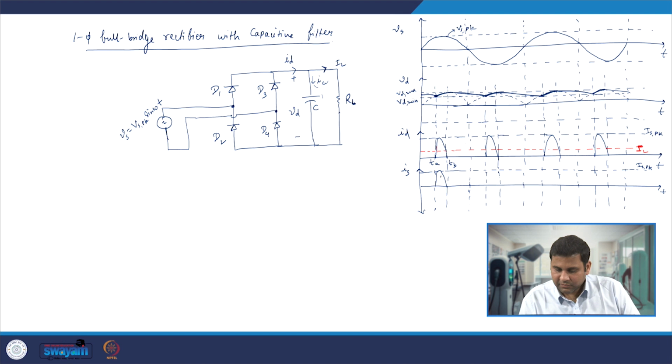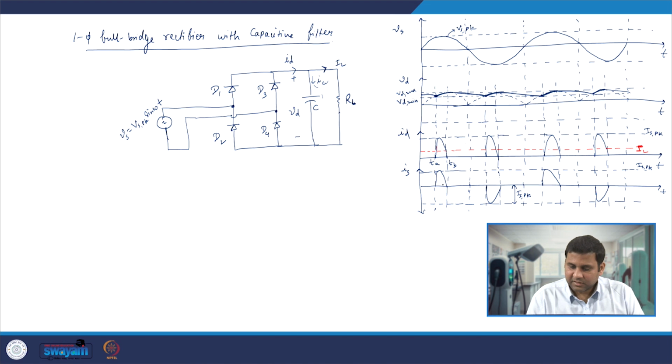In the negative half cycle, D2 and D3 will be in conduction for this period of time, and as a result this will have a current of the same shape in the negative direction. Similarly, in the next positive cycle the current goes like this, and in the negative cycle it goes like this. The amplitude of this one is the same as Is peak in the positive cycle.